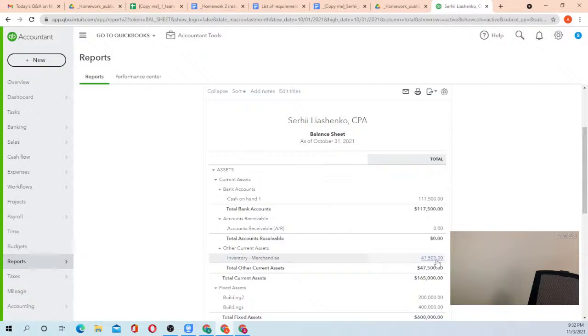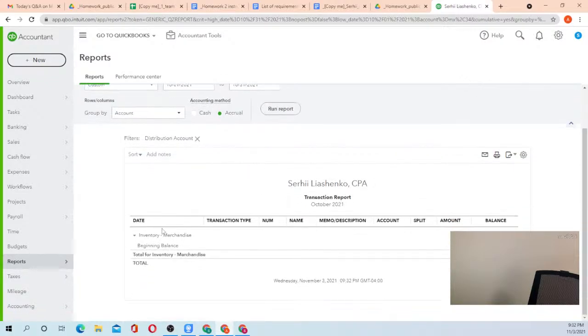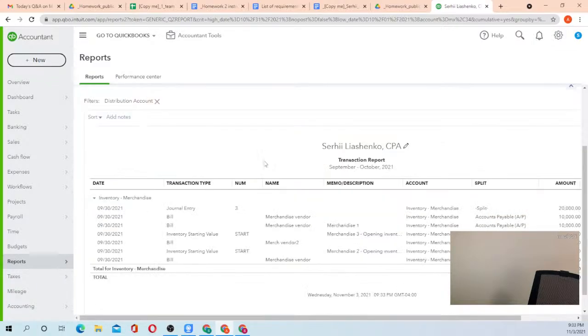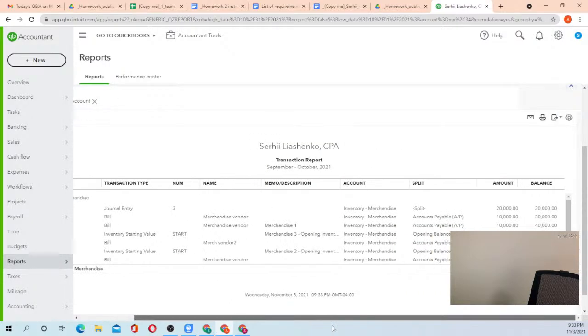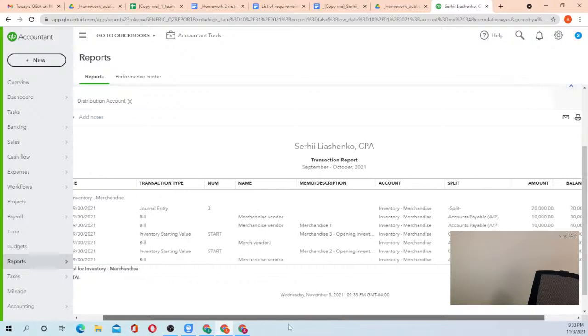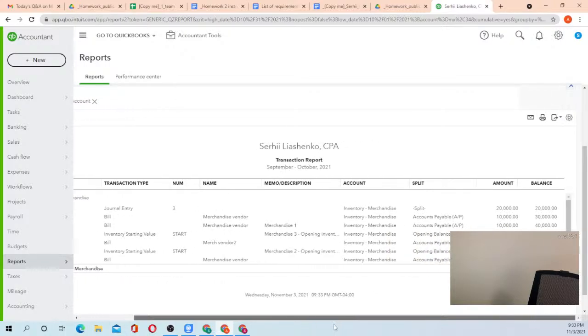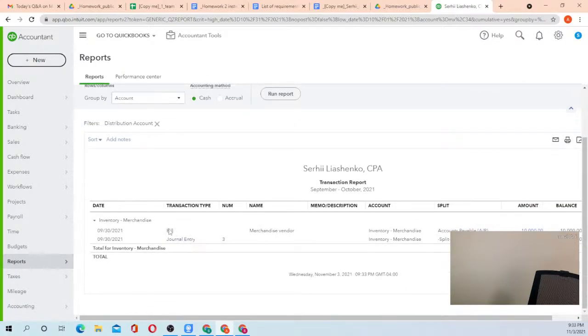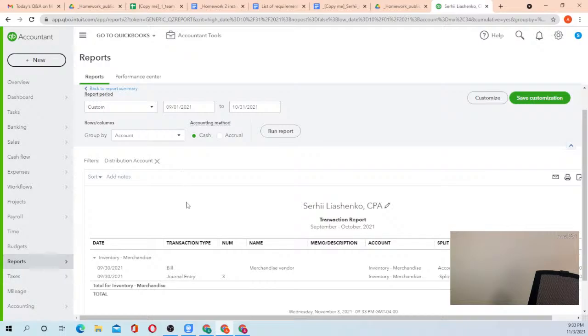Okay, let's see. So here are the additions to our inventory. Let's look at the difference on the cash schedule. So we have inventory entered through journal entry, and we have only the September 30th bill in our inventory.